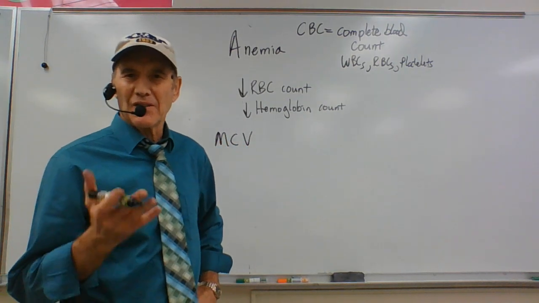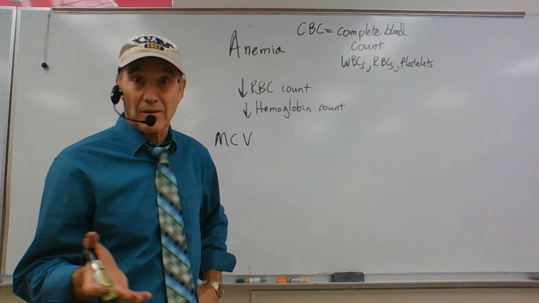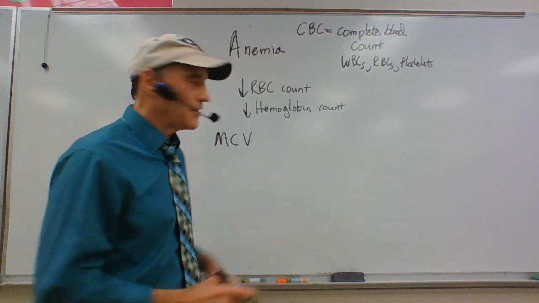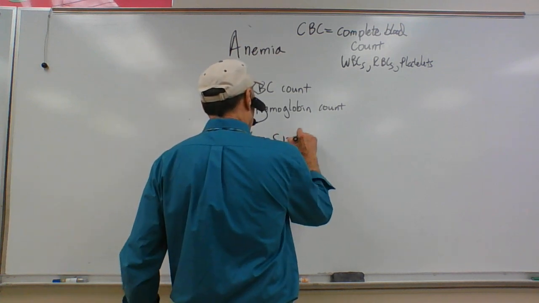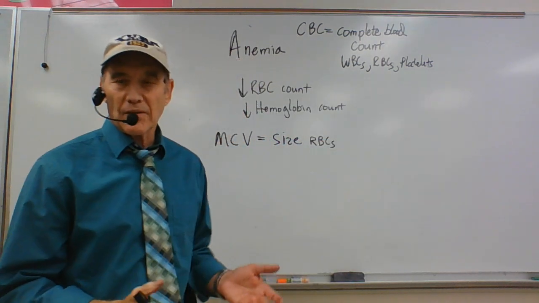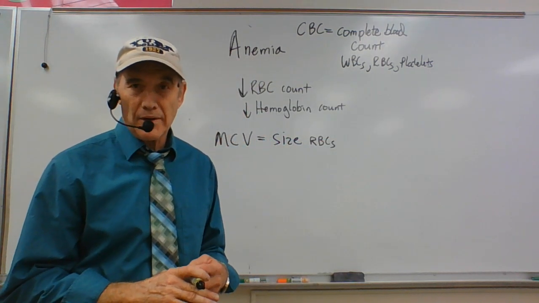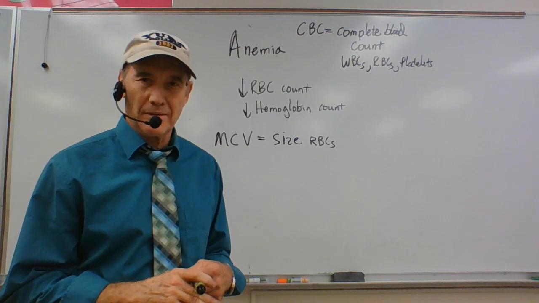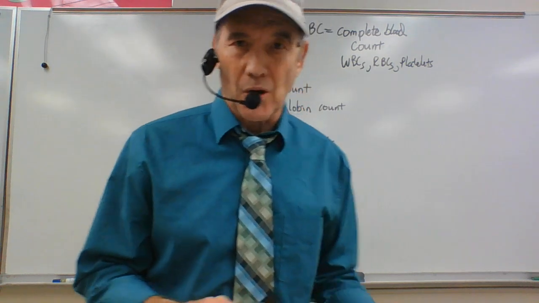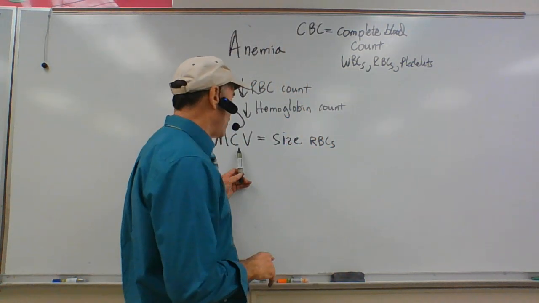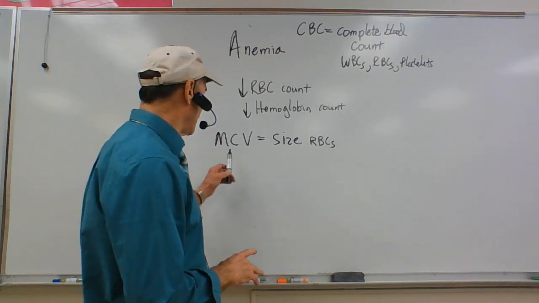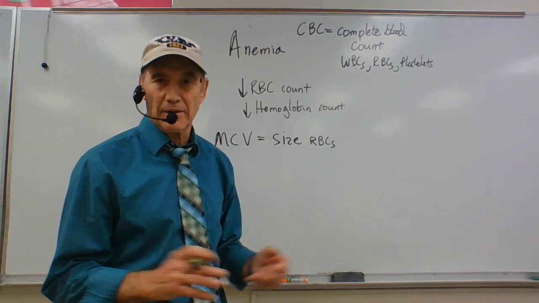That's the average size of your corpuscle, your red blood cell. Mean average red blood cell volume size. Maybe the red blood cells are small and they don't hold enough hemoglobin. So your MCV would be low. It would be an abnormally small red blood cell size, an abnormally low MCV reading.